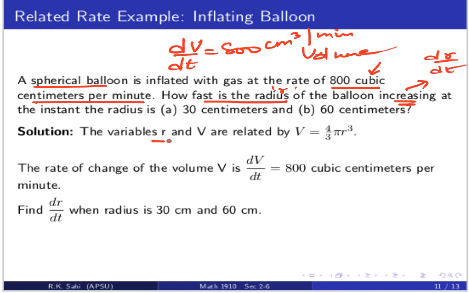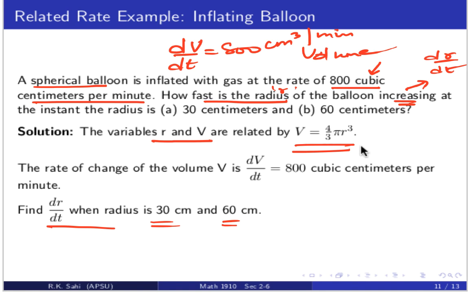Now the variables r and V, because it's a spherical balloon, are related by V equals 4 over 3 pi r cubed. Now the rate of change of the volume, dV over dt, is 800 cubic centimeters per minute. And we're asked to find dr over dt when the radius is at 2 different values here, 30 centimeters or 60 centimeters.